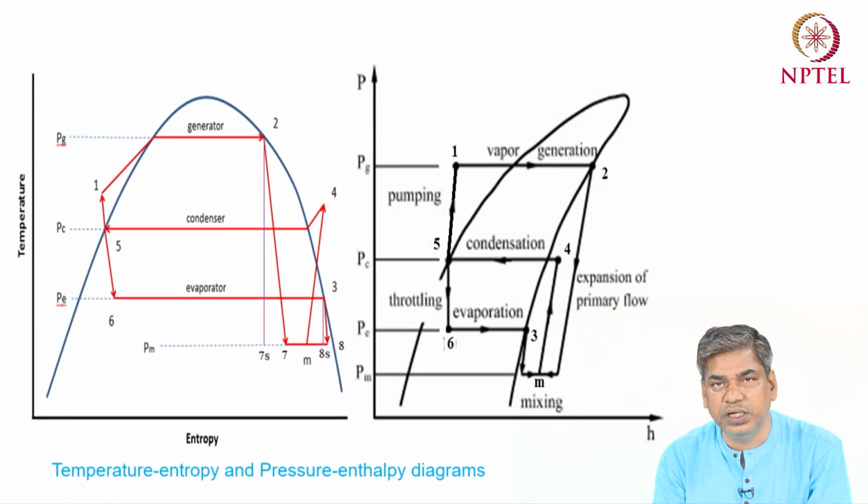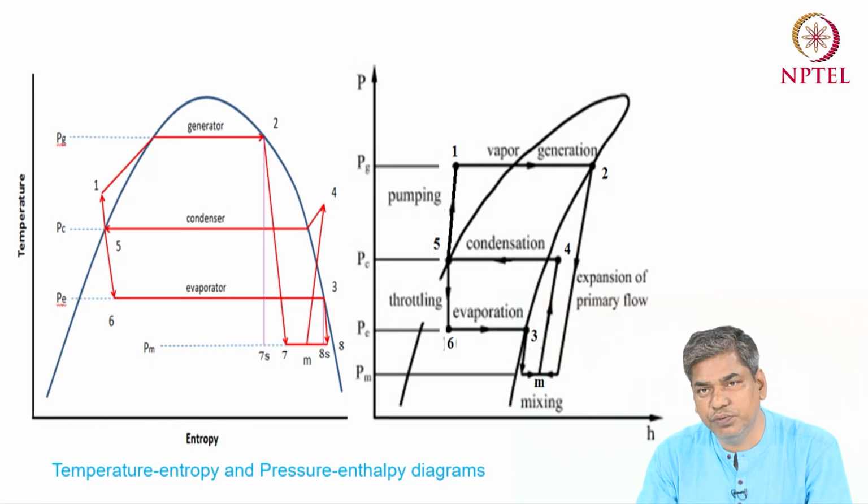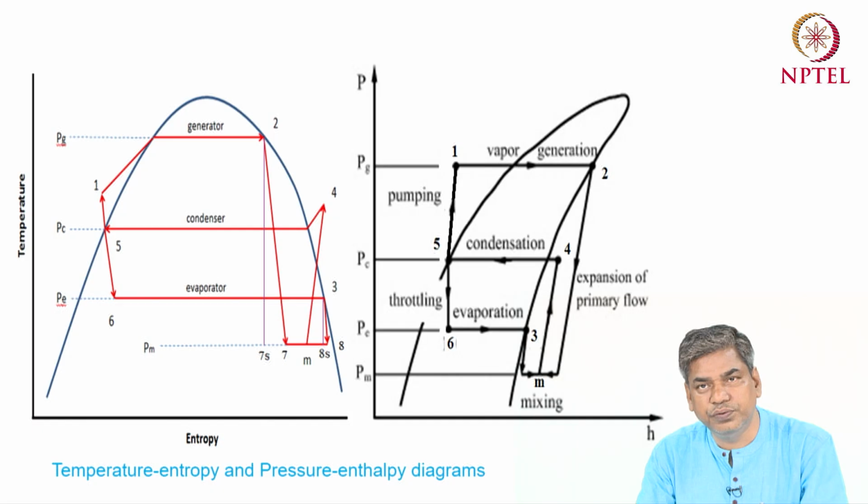Okay, so the temperature-entropy diagram and the pressure-enthalpy diagram are both shown in this slide, so we can see the different processes of the cycle. There are basically three pressures. One is the evaporator pressure PE, and the corresponding constant temperature line for the evaporator temperature.